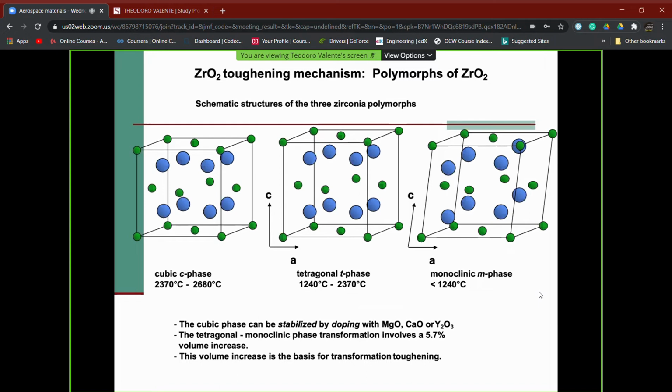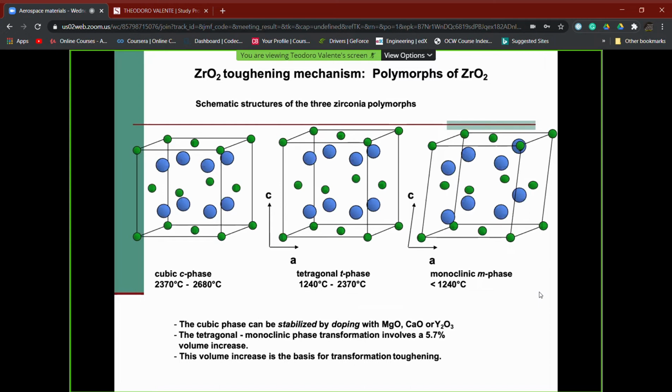The first one is the so-called cubic phase, which is stable as a crystalline phase in the range between 2370 and 2680 Celsius. 2680 Celsius is the melting temperature of zirconia.